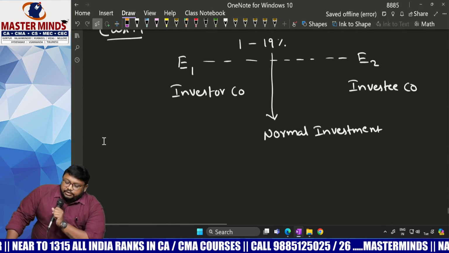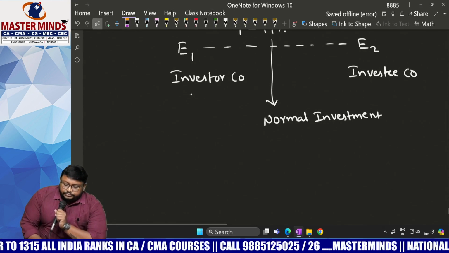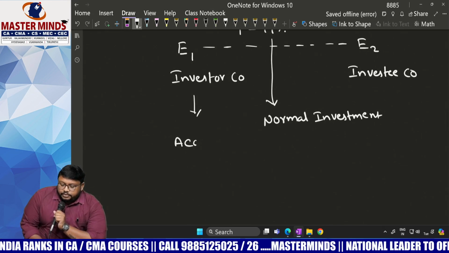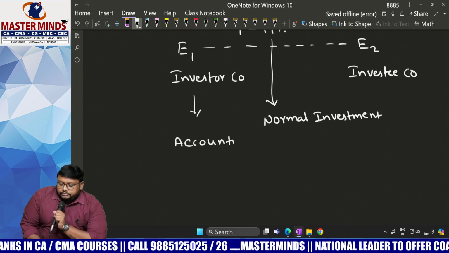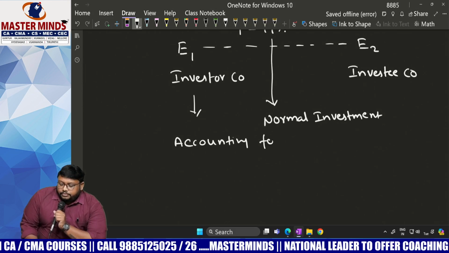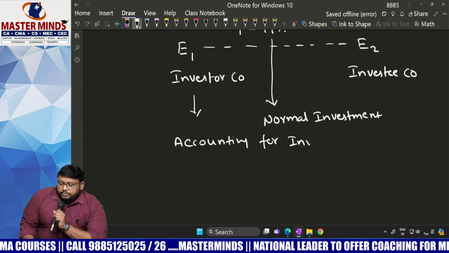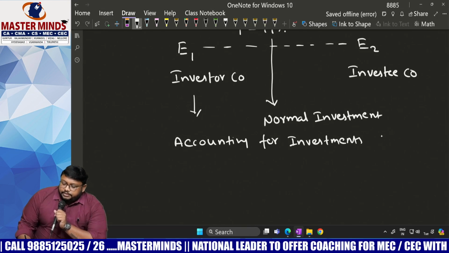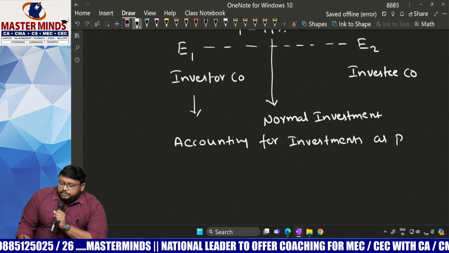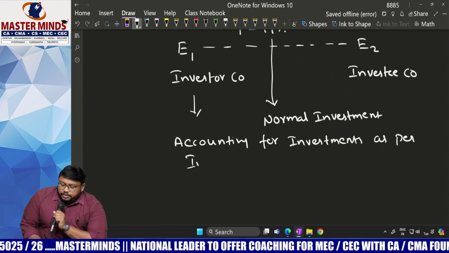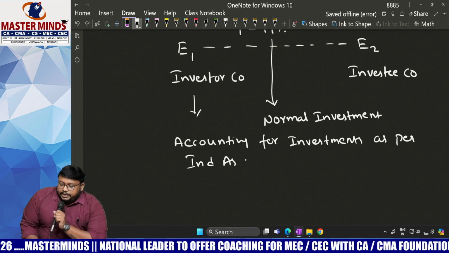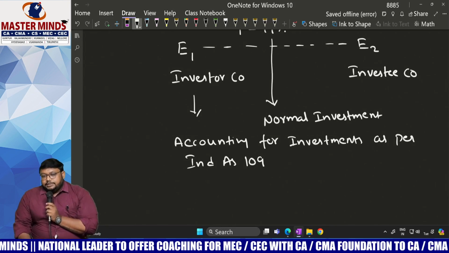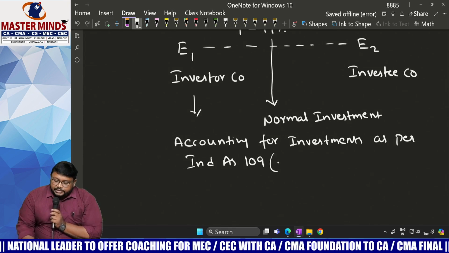How to do accounting for this normal investment? So accounting for these investments is as per Ind AS 109, which is nothing but financial instruments.